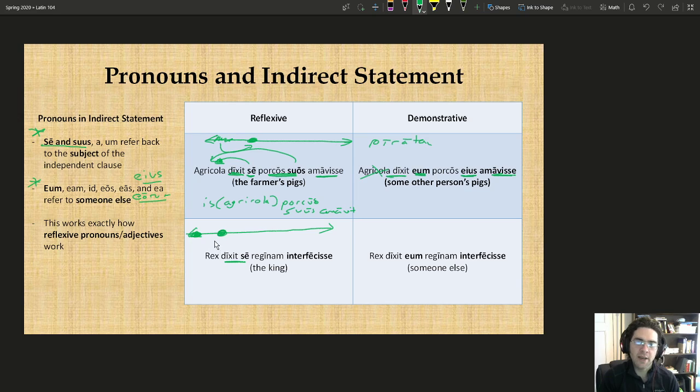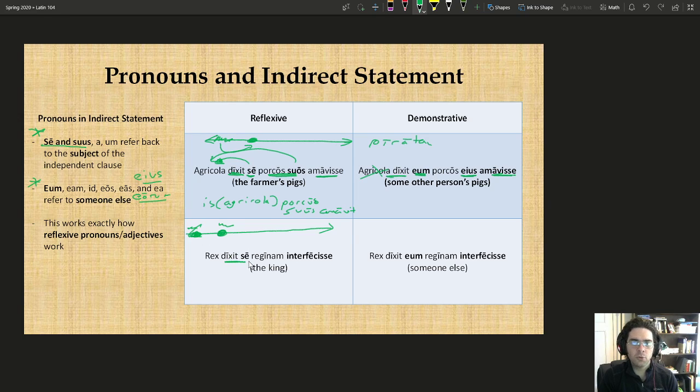So at some point in the past, the king said that he, at some earlier point, had killed the queen. So this is when the killing took place, and this is when the saying took place. So relatively in time, this is how it works.